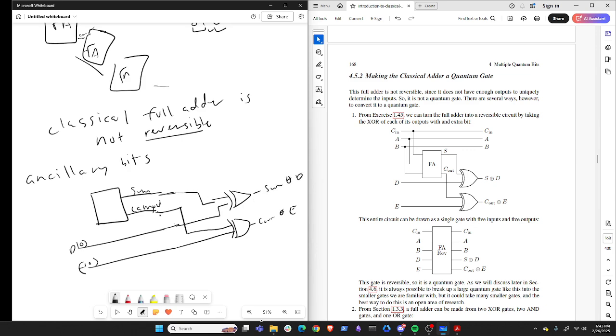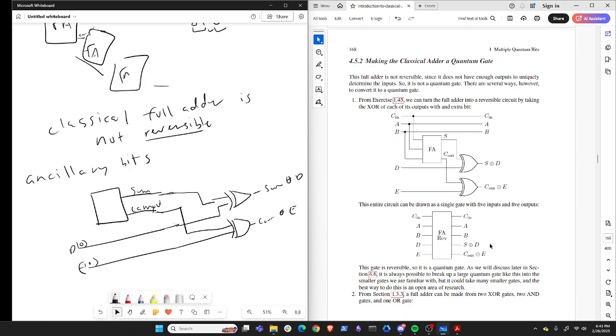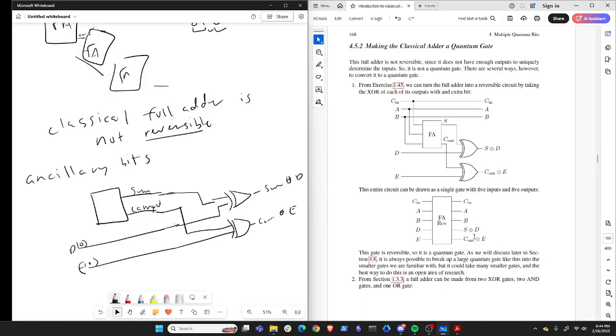And that's the way we can actually reverse the gate. We can tell what the input was based on the output, thanks to these ancillary bits, these ancilla.